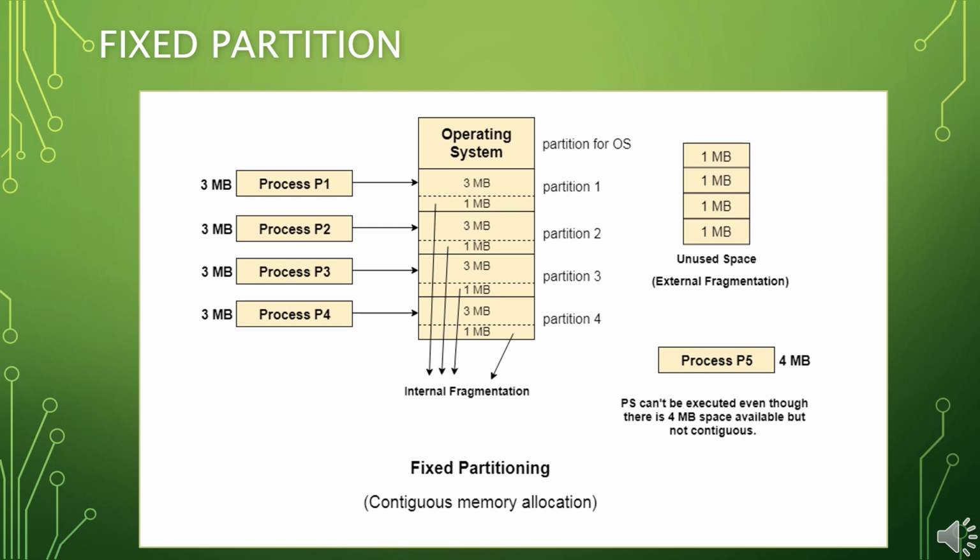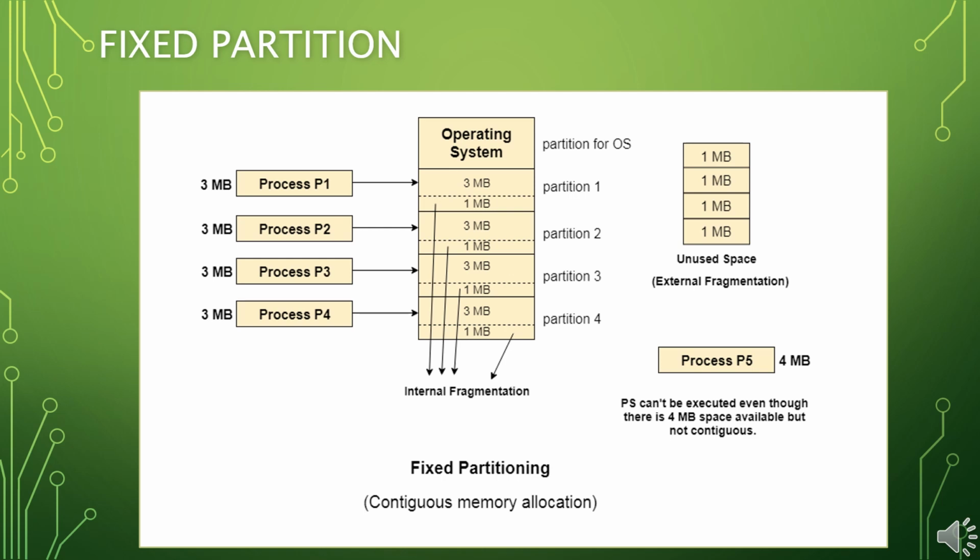Process P5 requires 4 MB. There is 4 MB of memory which is unused in this memory, but still I cannot use it for P5 because it is part of the partitions which are already assigned to the processes P1, P2, P3 and P4. So this memory gets wasted inside each partition, and that is termed internal fragmentation.